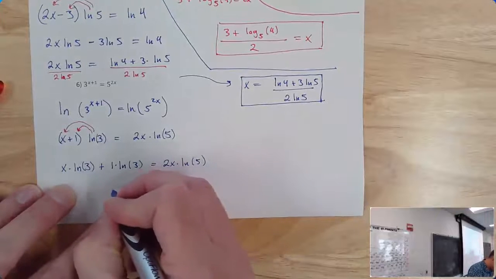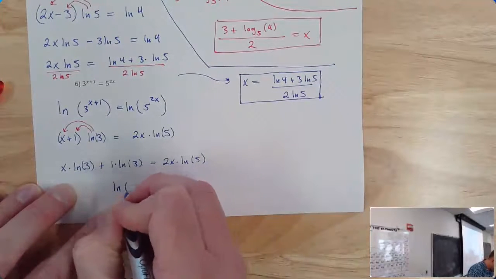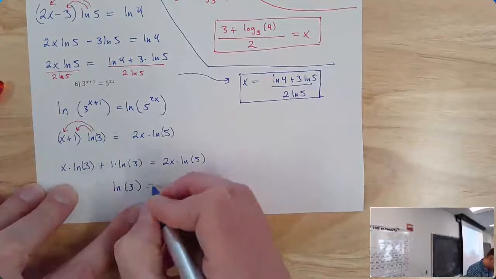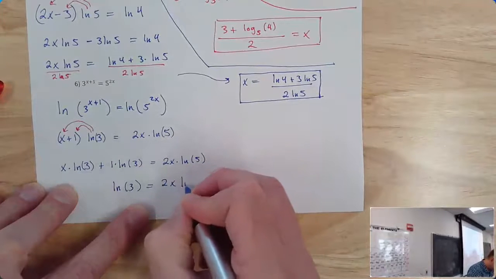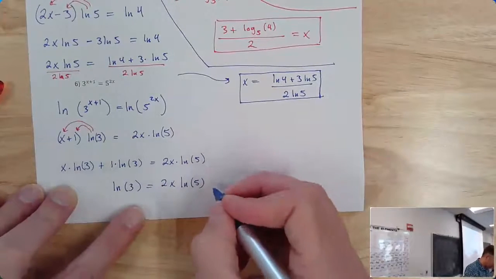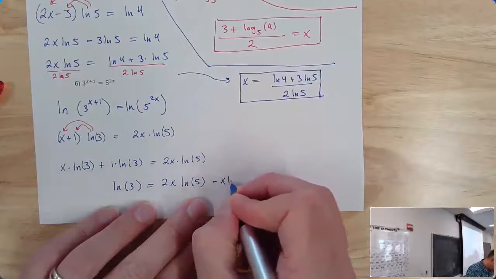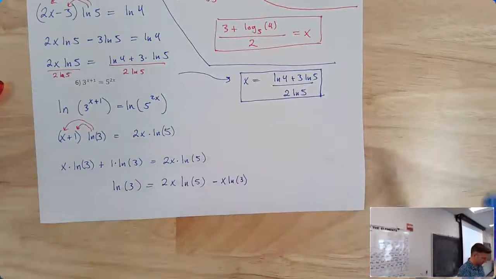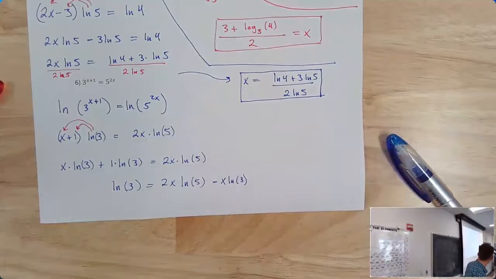So on the left-hand side, I'm just going to have natural log of 3. And on the right-hand side, I'm going to have 2x times natural log of 5, and I'm subtracting x natural log of 3 from both sides. And the whole reason for getting all the things that have x's on one side is then you can factor out an x.